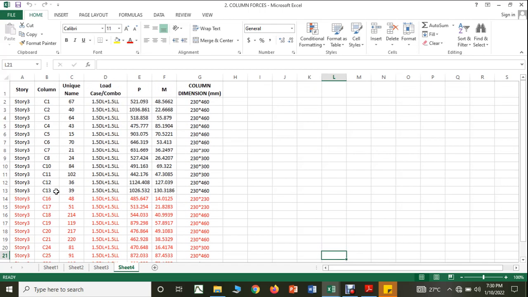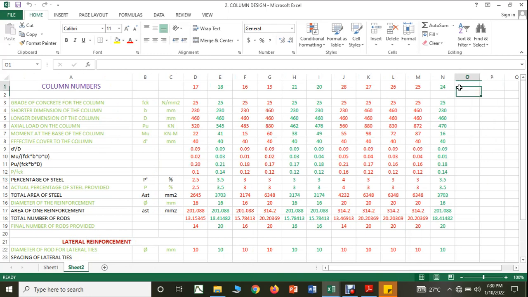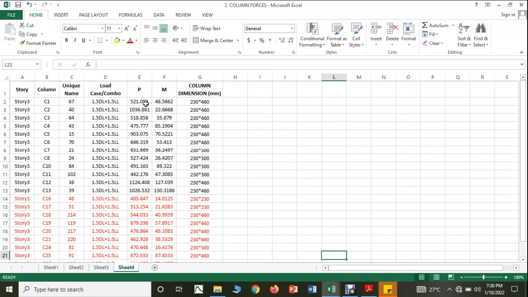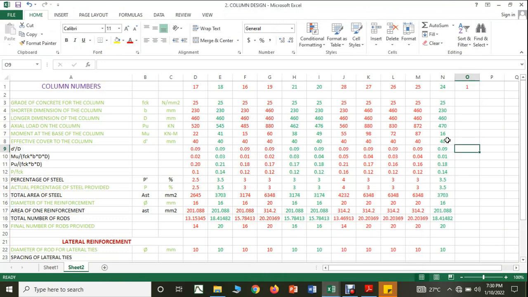Let us start from column number 1. When I open column number 1, the axial load is 521 and the corresponding moment is 48.